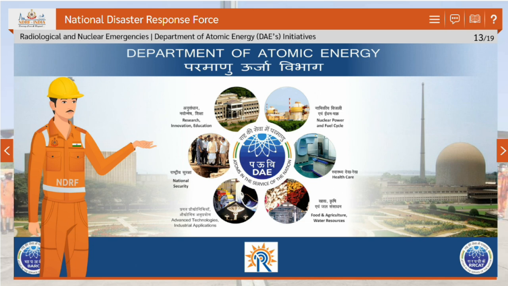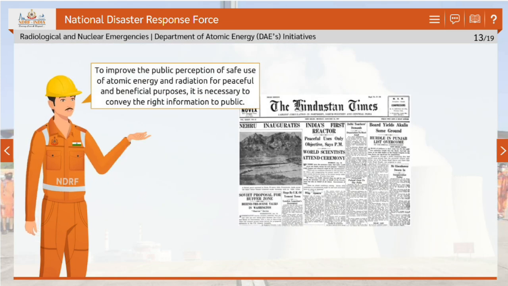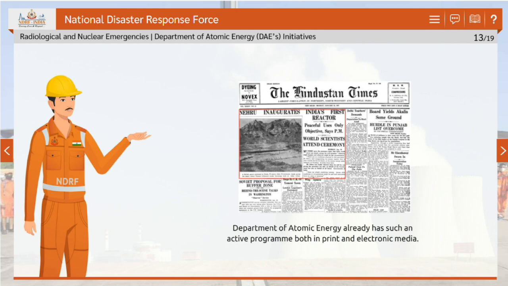DAE works towards harnessing radiation as a tool for problem solving on various fronts like agriculture, healthcare and industrial applications. To improve the public perception of safe use of atomic energy and radiation for peaceful and beneficial purposes, it is necessary to convey the right information to the public. The Department of Atomic Energy already has such an active program both in print and electronic media.